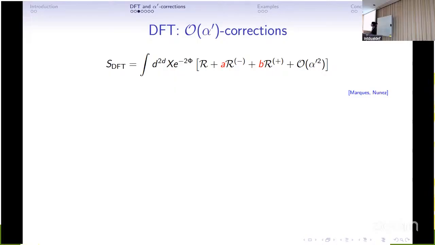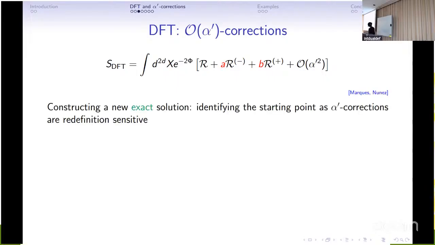So depending on what case you're working with, whether it's bosonic, heterotic, or type 2, these parameters A and B will have certain values, and that's how you can maneuver with the particular example you wish to work with. All right, so as I was talking about that, a particular case popping up somehow.